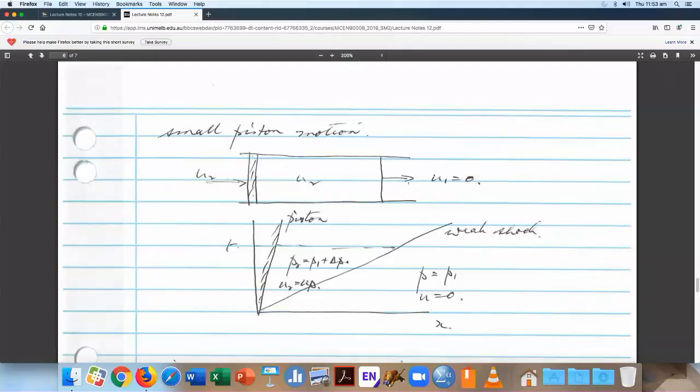And now what I do is I start to pressurize the high pressure region where my diaphragm is. So I keep pressurizing it and I keep pressurizing it, and I'm quite clever.